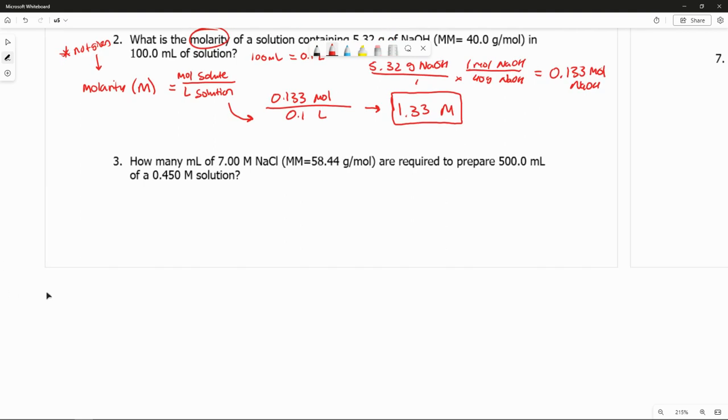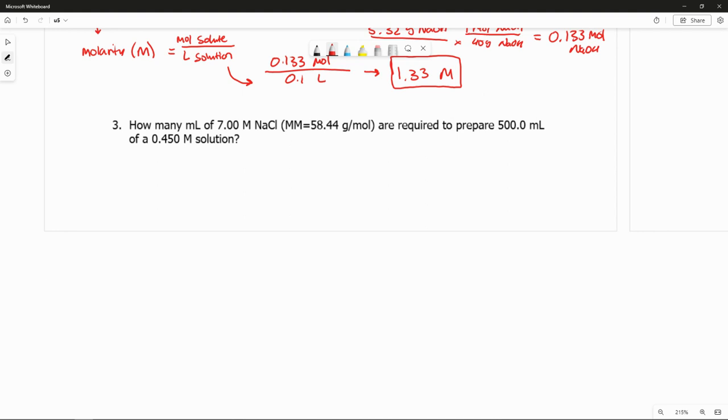All right, let's try number 3. How many milliliters of a 7 molar sodium chloride solution is required to prepare 500 milliliters of a 0.45 molar solution? Taking a look, we're going from 7 molar, which is very high in concentration, to 0.45 molar, which is very low in concentration.